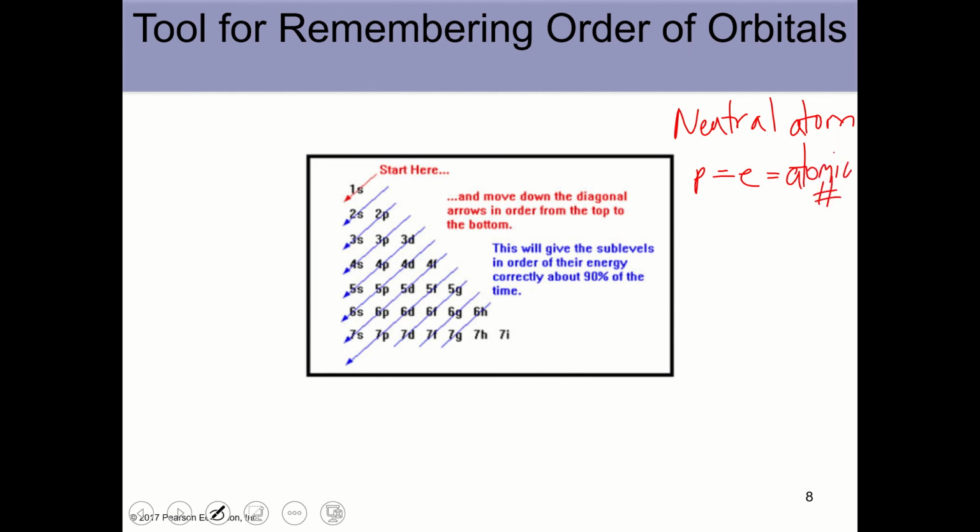For a charged atom, if it's a positively charged atom, you're going to do atomic number minus charge.